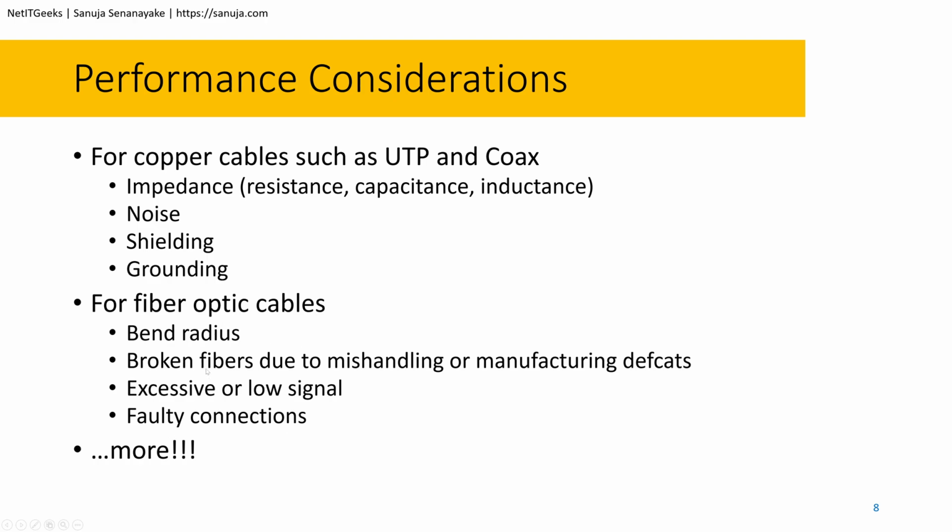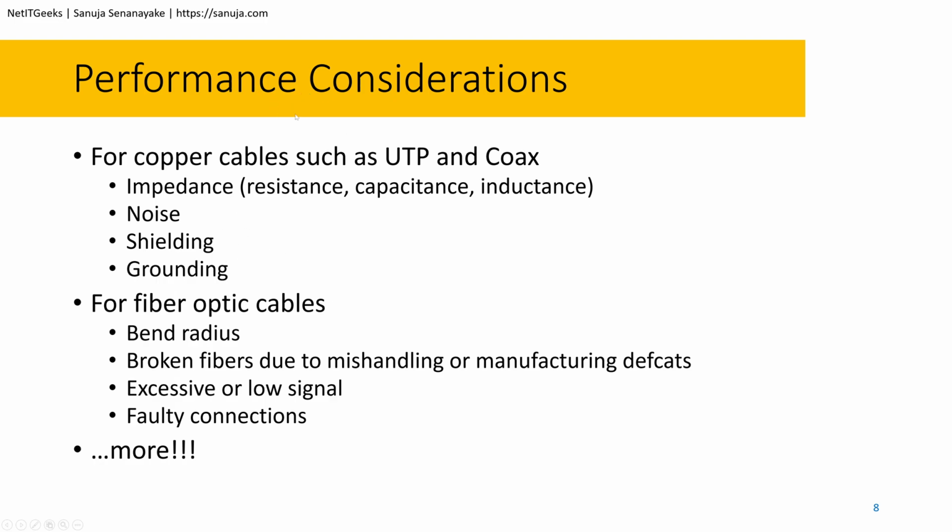Another important thing that you need to remember, which also applies to copper cables, is faulty connections. Even in copper cables, if you are crimping your Cat6 cables with, let's say, a jack or a plug, you need to make sure that the crimp or the connections are properly done.